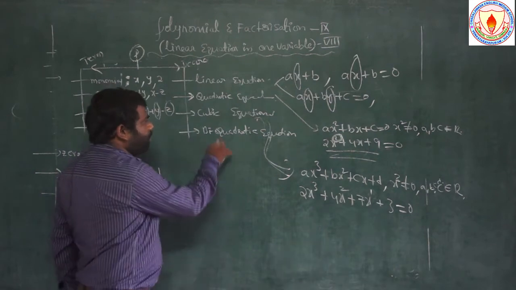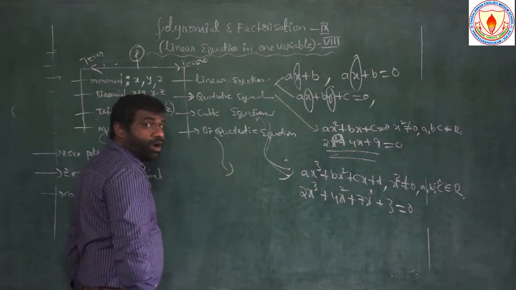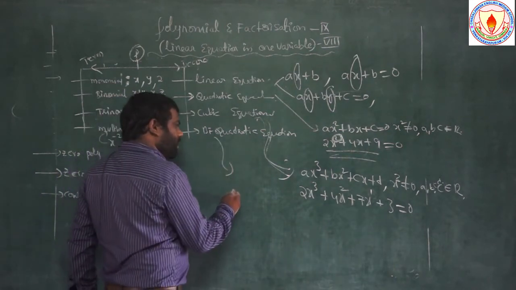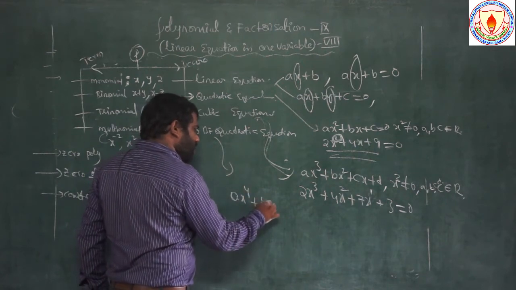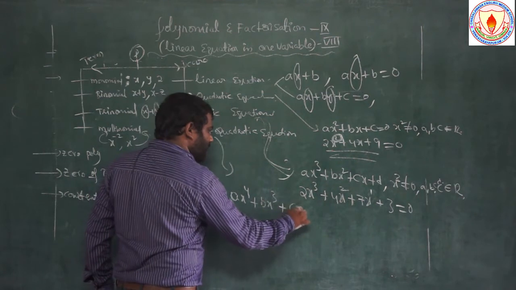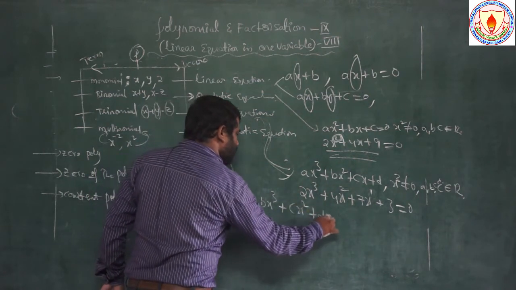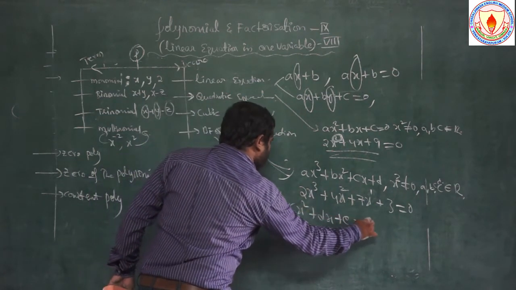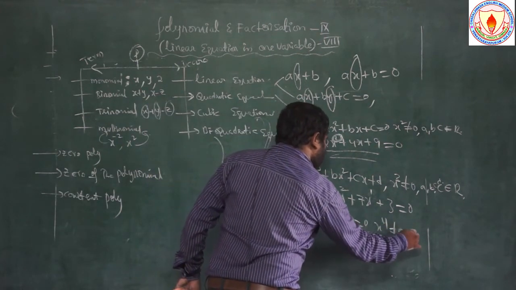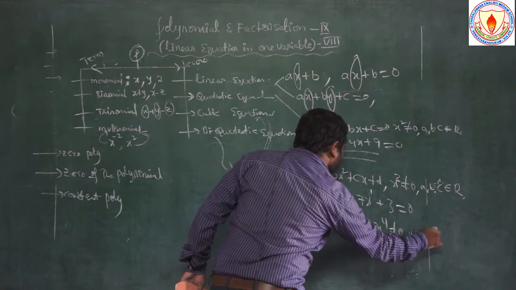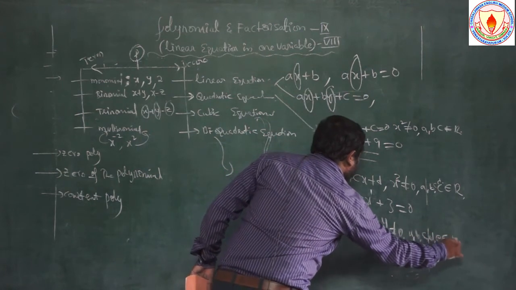Next, coming to biquadratic polynomial. Biquadratic polynomial is nothing but ax power 4 plus bx cube plus cx square plus dx plus e is equal to 0, where x power 4 is not equal to 0 and a, b, c, d, e belong to real numbers.